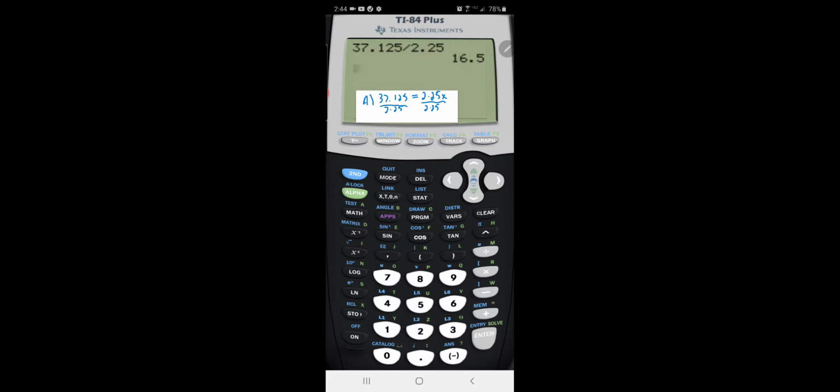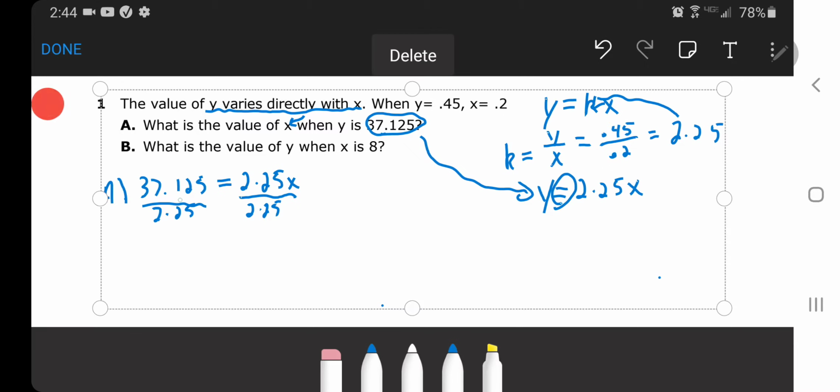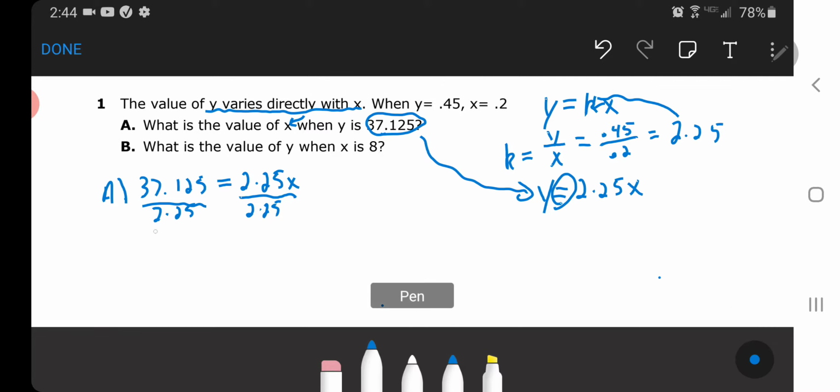And we get 16.5. Going back. So, once again, that 37.125 divided by 2.25 was 16.5 equals, well, like I said, those kill each other. 2.25 divided by 2.25 is 1, or 1x, or x. So there you go. There's your answer for A. When y is 37.125, x is 16.5.